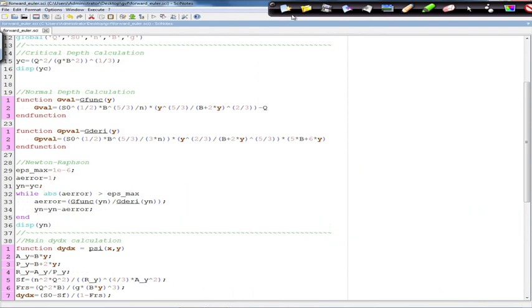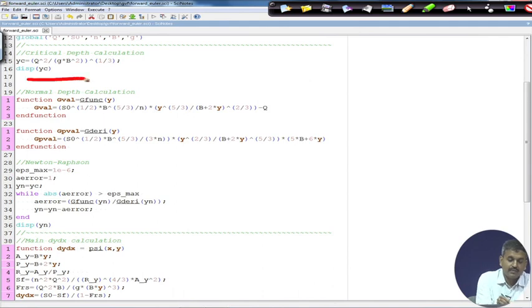After getting the critical depth and normal depth, we can identify the possible flow condition in the channel.